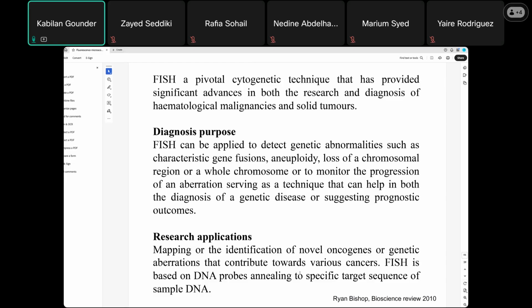For research purposes, mapping or identification of novel oncogenes or genetic aberrations that contribute towards various cancer types. The FISH technique is based on DNA probes annealing to specific target sequences of sample DNA. That is, you can target a particular DNA and study that.